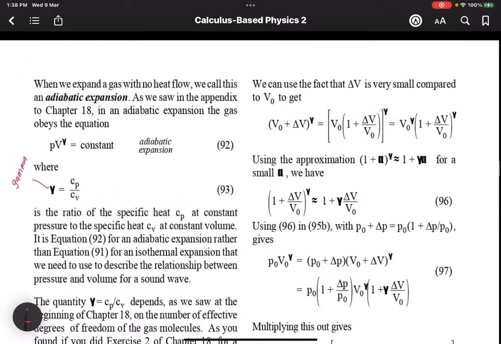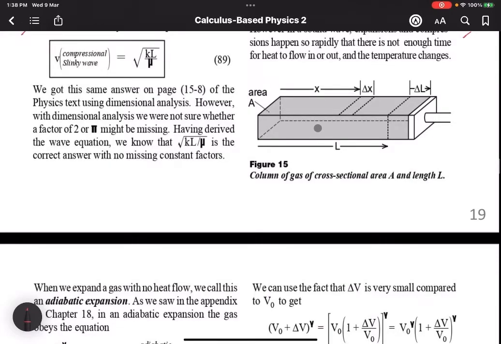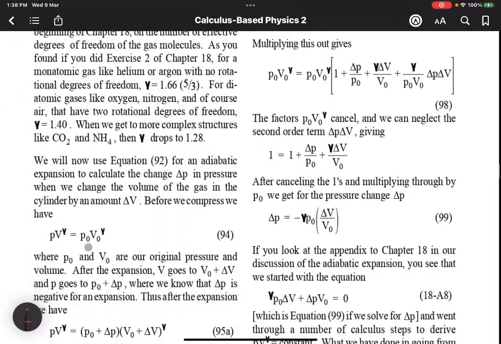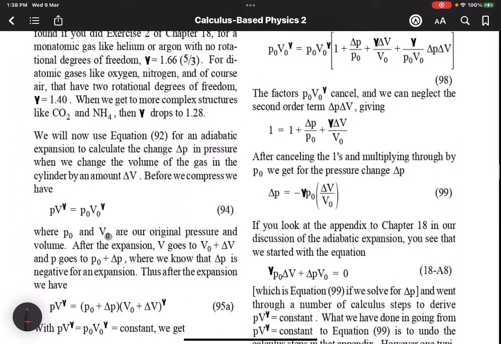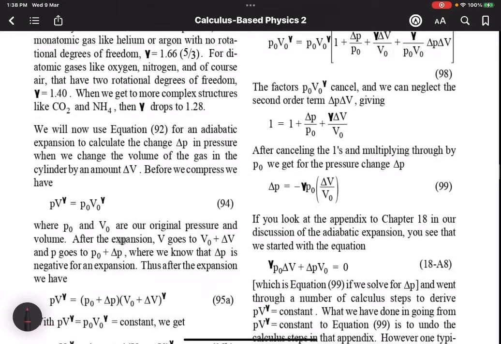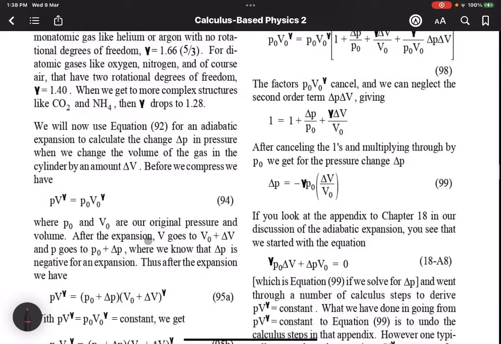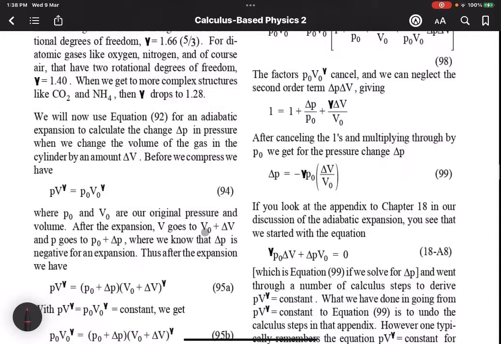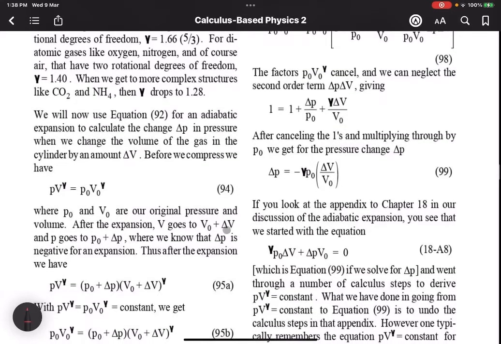So katulad dito, hindi pa siya kinocompress. So 0 pa ang kanyang pressure and yung volume niya wala pa ring change, no? After the expansion, meaning hinila natin yung piston, V goes to V0 plus the change in volume.